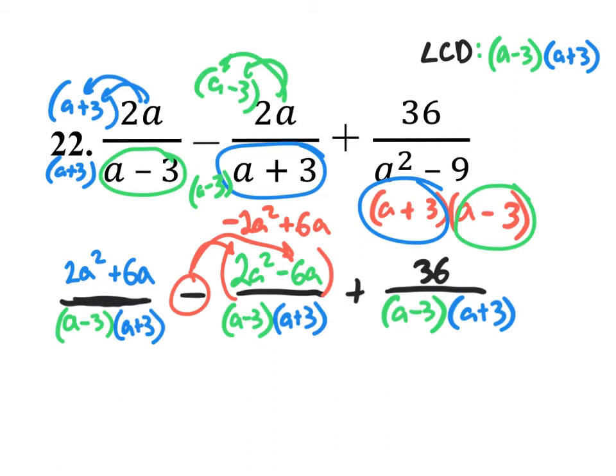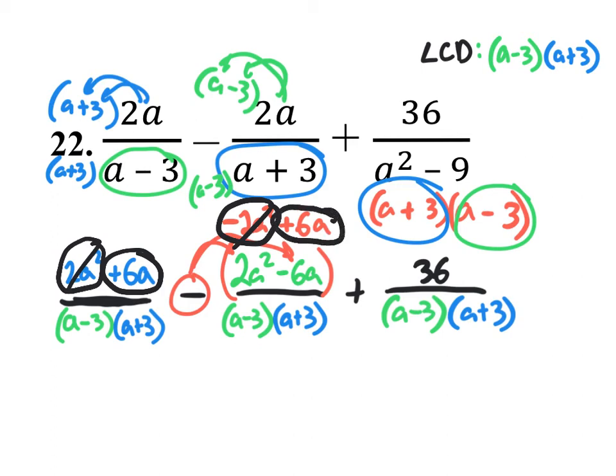This negative 6a becomes positive 6a. And now we're able to combine the first 2a squared with this negative 2a squared, and what happens there? They cancel out. And then we could combine this positive 6a with this positive 6a, which means we have a positive 12a so far up on the top.